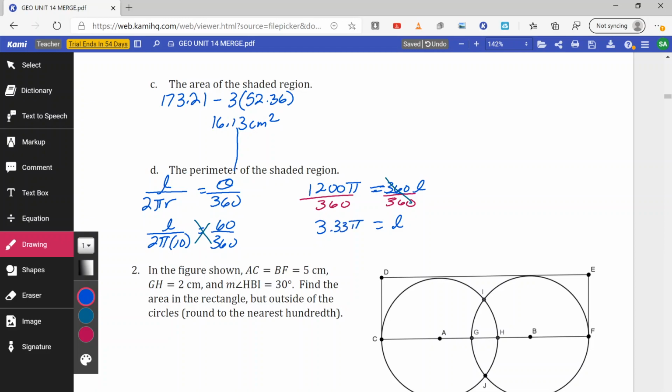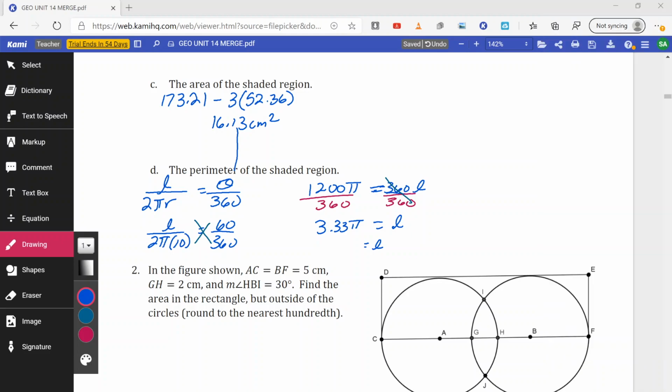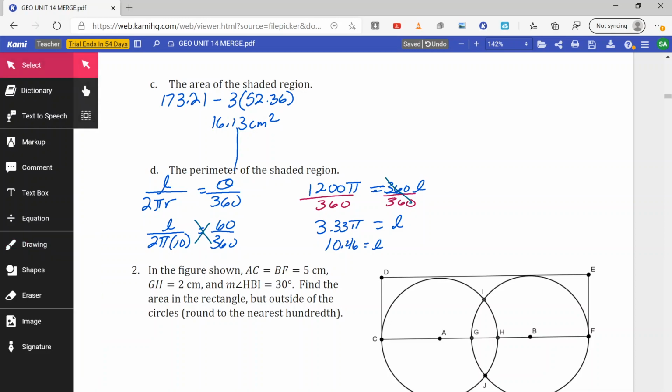pi. So I multiply 3.33 times pi. So I have an approximate length of arc being 10.46. So now that we know the length of one arc is 10.46, the length of each arc is going to be 10.46 as well.